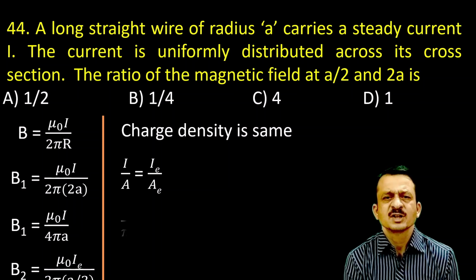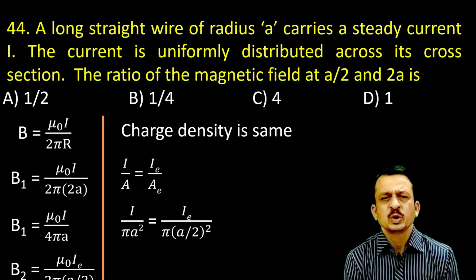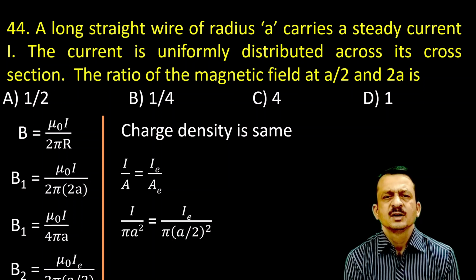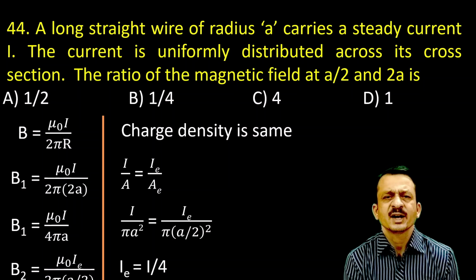Now I divided by total area pi into A square, because A is the radius, is equal to IE divided by pi into, what is the radius here? A by 2 whole square. Now upon simplification, therefore IE is equal to I by 4. Therefore it only encloses 1/4 of the total current.